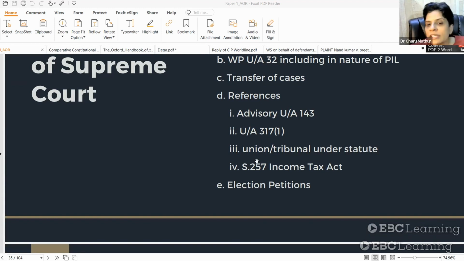Then there are various references under various tribunals and statutes, like under your Income Tax Act, there are certain references which can be made directly to the Supreme Court. They are provided under the statute. So many statutes provide for statutory references, and those lie to the Supreme Court.